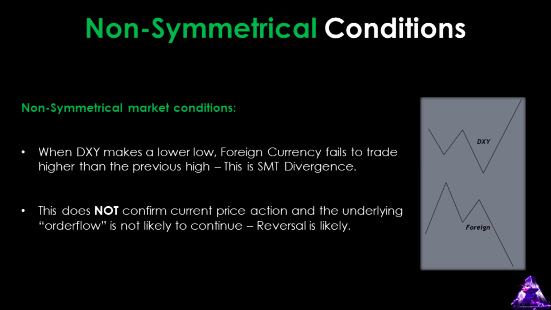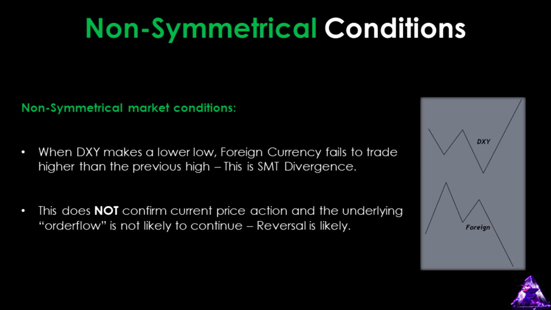This shows a clear lack of symmetry in the order flow with varying structure between two assets. The DXY managed to make a lower low, but the euro versus the US dollar could not break its previous high, indicating non-symmetry and suggesting that the underlying order flow may not continue as expected.